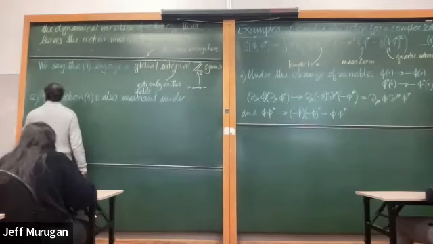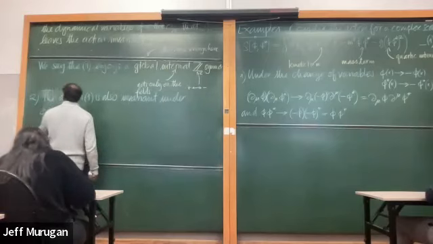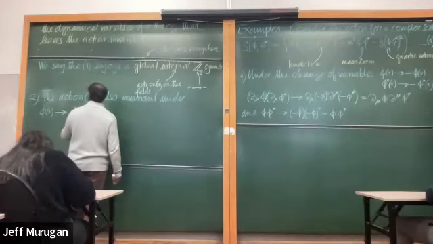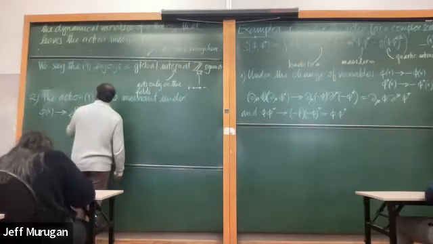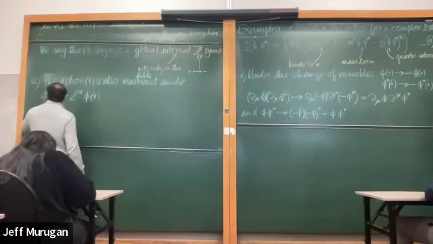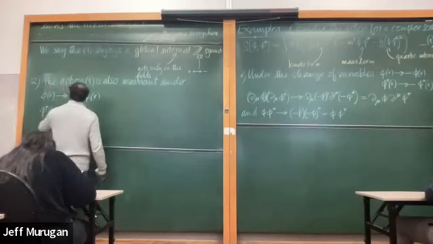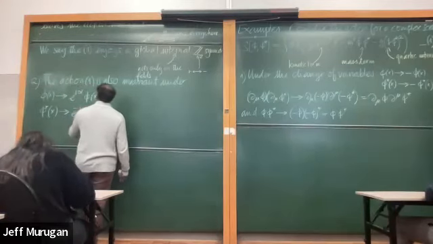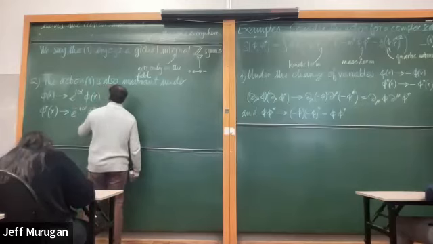If I send phi of x to e to the i alpha phi of x and phi star to e to the minus i alpha, same alpha, phi star.